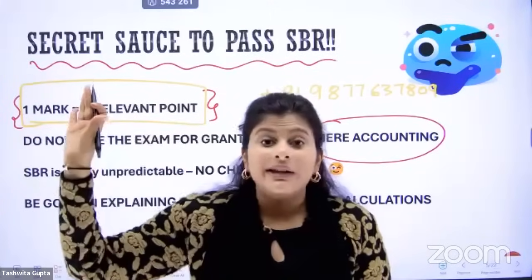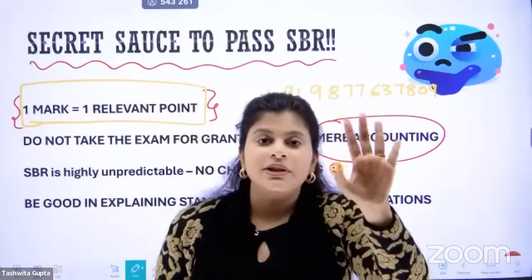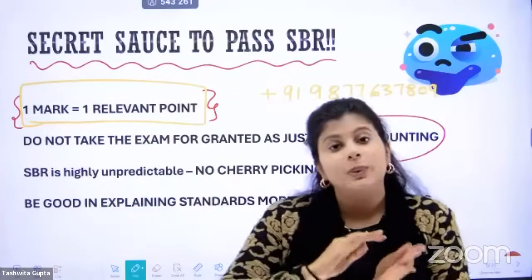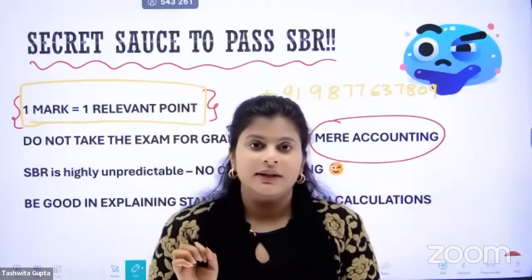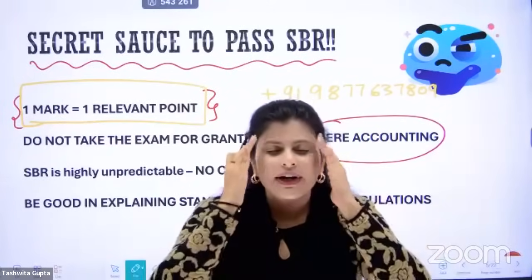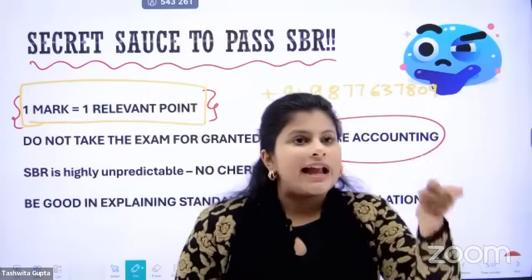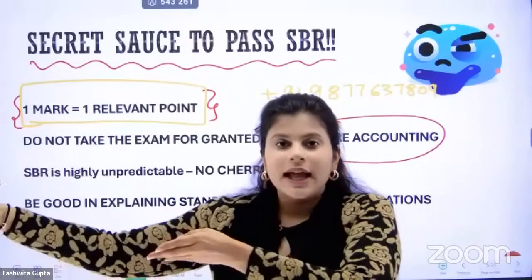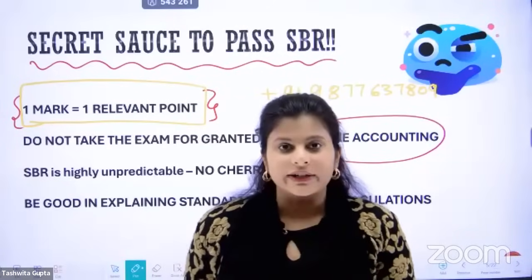FR is all practical. Only one question, interpretation, is theoretical. The whole SBR paper now is twisted towards theory. It's all about discussions. It's all about explanations. Every time they ask a requirement, they're like, calculate the goodwill on the acquisition of dash company and explain how you calculated it.